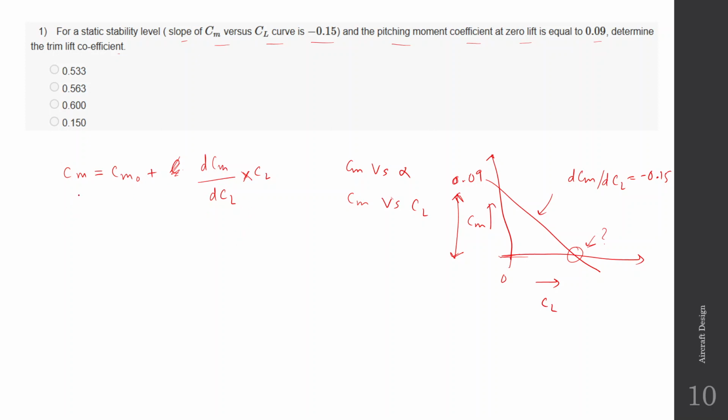At trim this Cm is 0 and Cm naught is 0.09. dCm by dCl is minus 0.15, and this Cl is the trim Cl, so I'm writing Cl equilibrium.